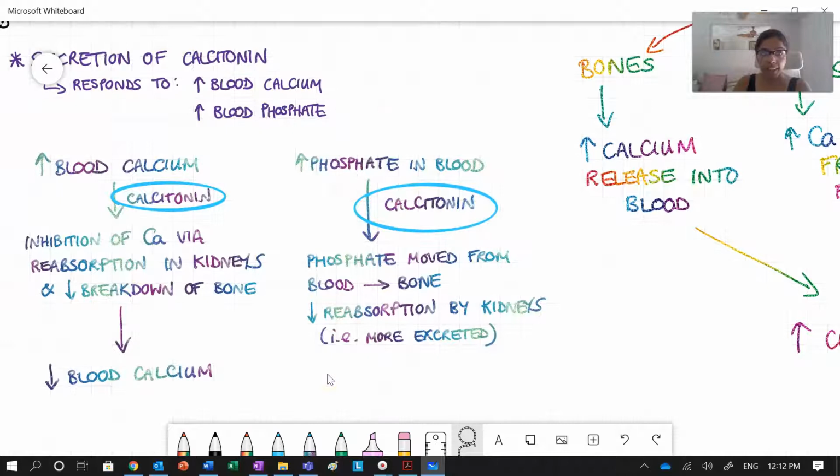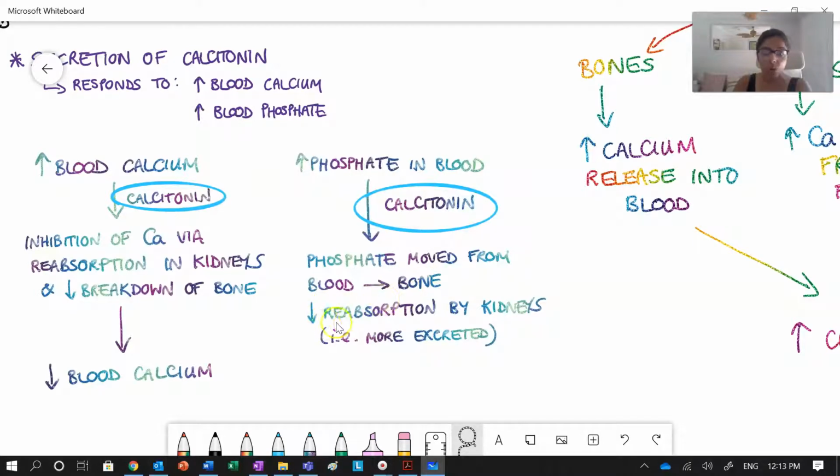If we look at how calcitonin affects phosphate, again, it's responding to an increase in phosphate concentration in the blood. And in order to bring that back down, phosphate is removed from the blood and deposited into bone. So that's reducing the level in the bloodstream.